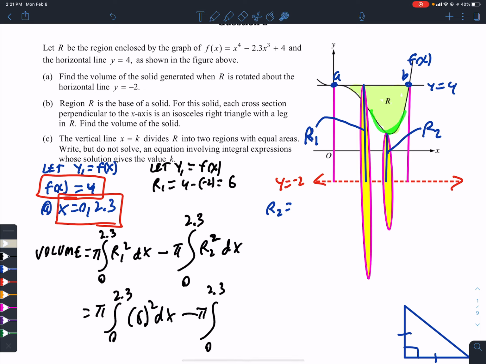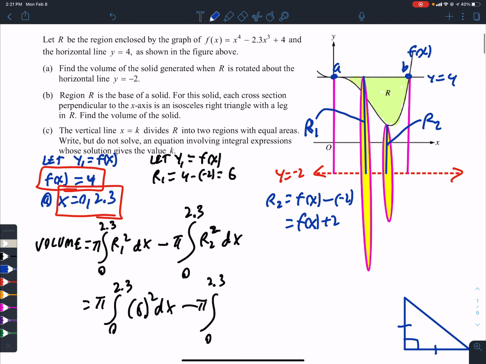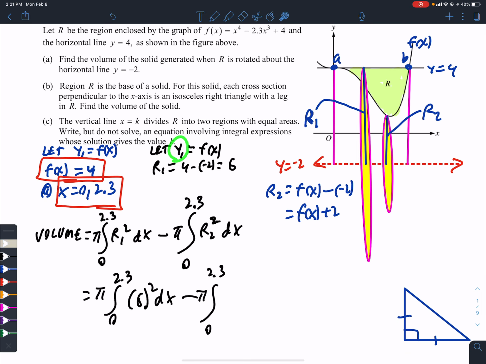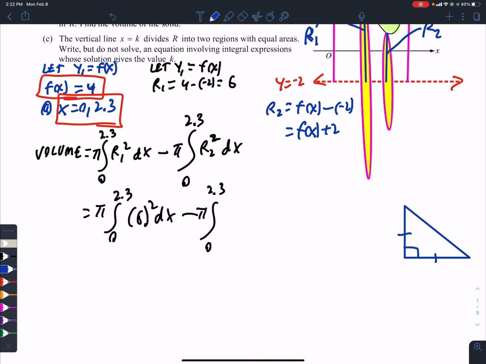But big Y is f of x, and my little y is here, which is -2, so it's going to be minus -2, which is f of x plus 2. But my f of x is stored as y1, so right here, you could put y1 or f of x plus 2. In your calculator, it's going to be y1.